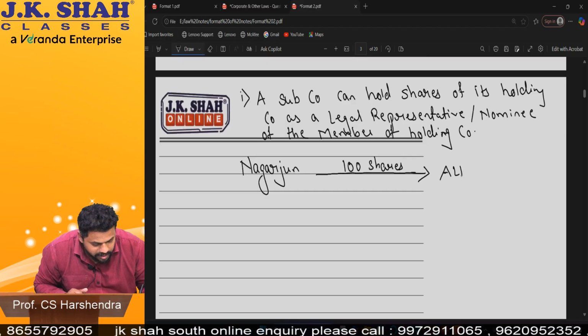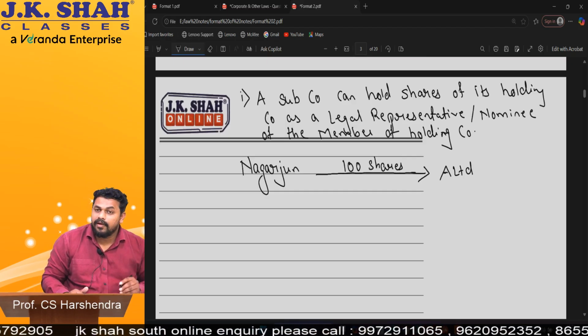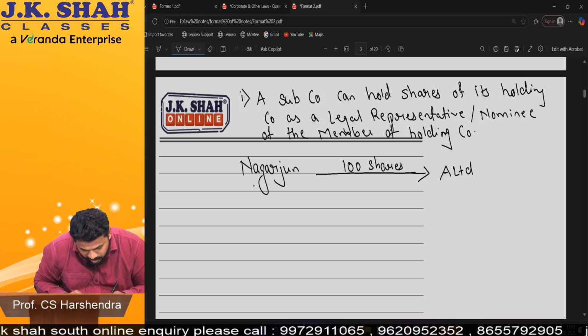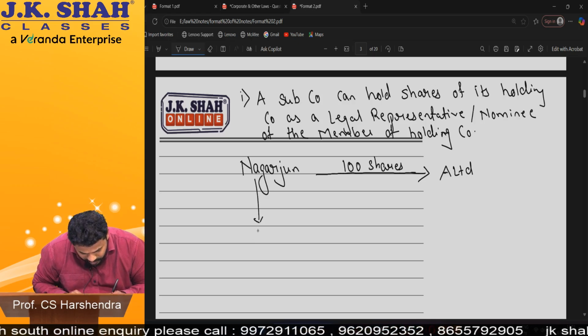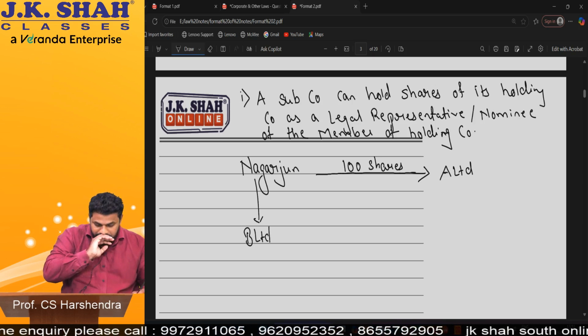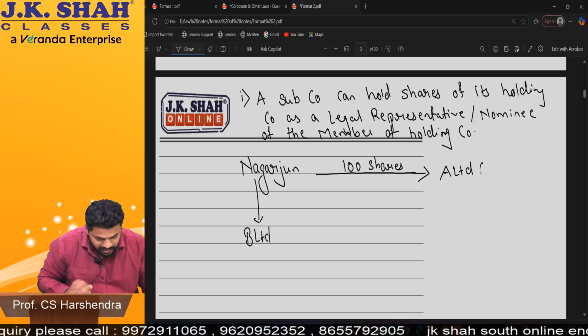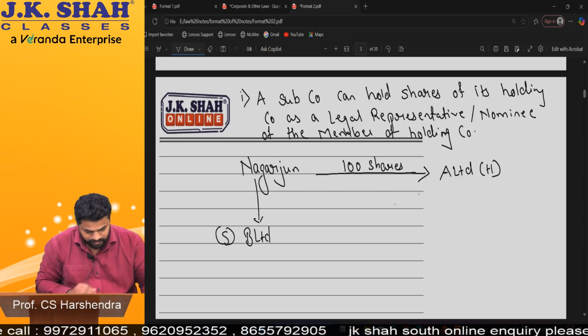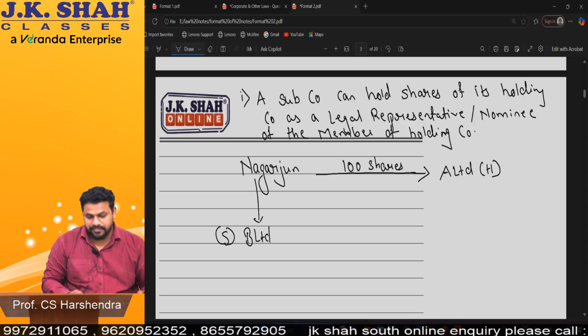Which company, beta? A Limited. Now Nagarjun has his own company, B Limited. Now understand, A Limited is the holding company, B Limited is its subsidiary company. There is a holding-subsidiary relation.